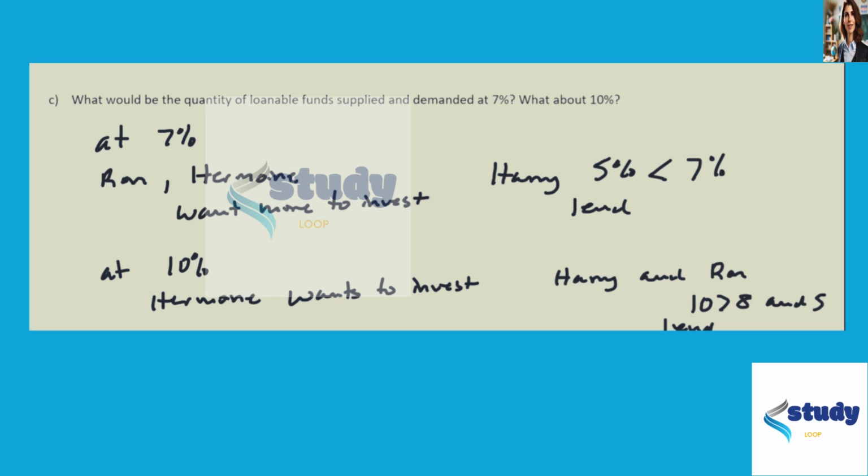So up here at 7%, you have $2,000 demanded, because Ron and Hermione want to invest, but only $1,000 supplied. At 10%, it's the other way around: $1,000 demanded, but $2,000 supplied.